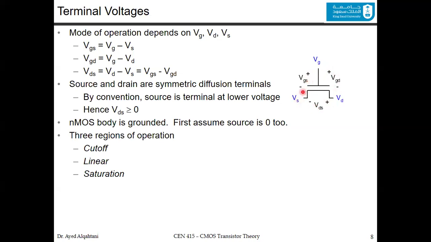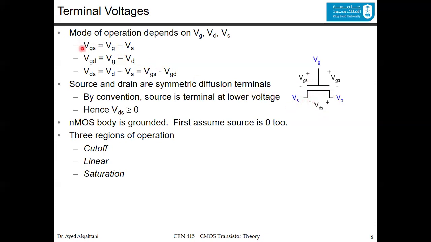These are three voltages that are important to us. More specifically, two of them stand out. The VGS, since you care about the difference in the voltage here, because it determines if the transistor is on or off. Also, you care about the VDS, because based on this voltage difference, the current in the channel is affected.